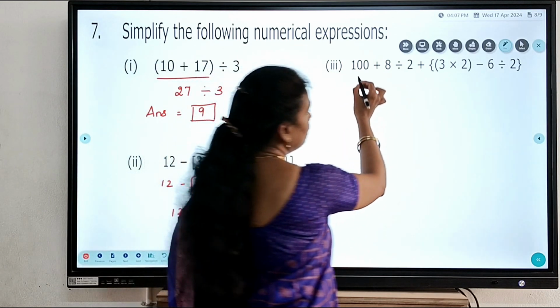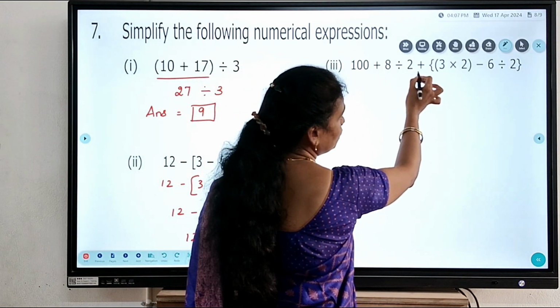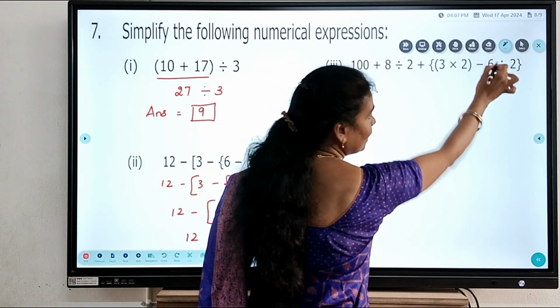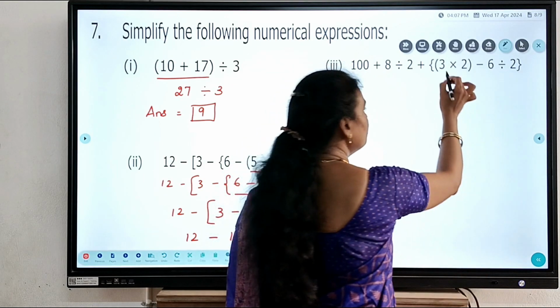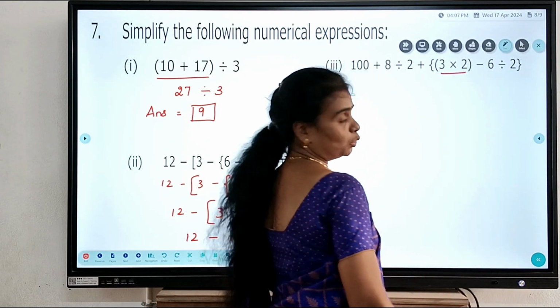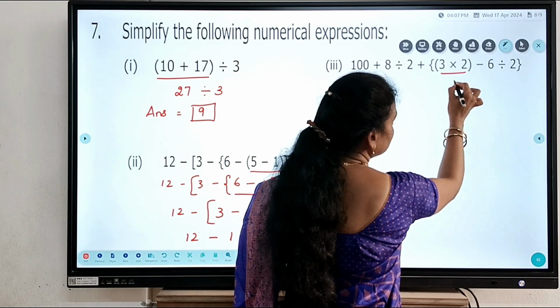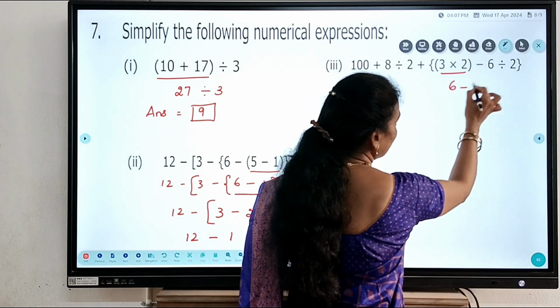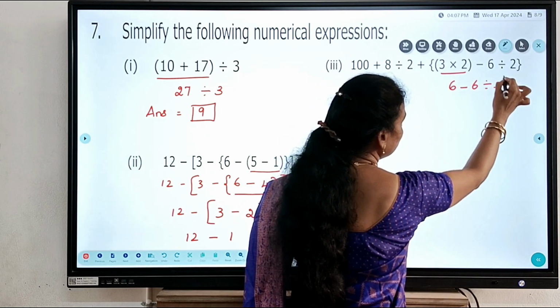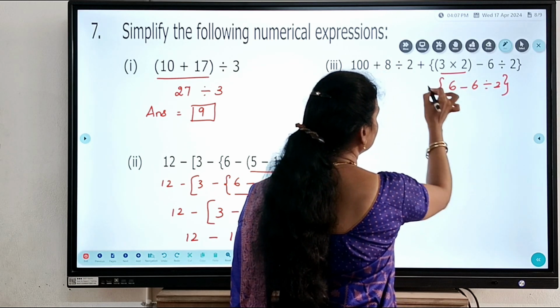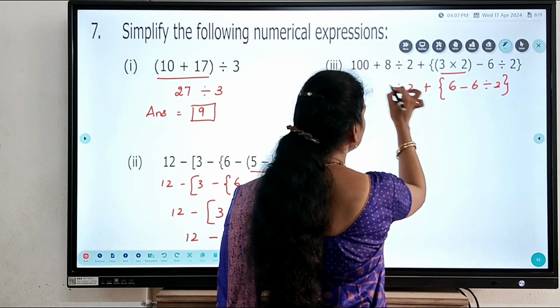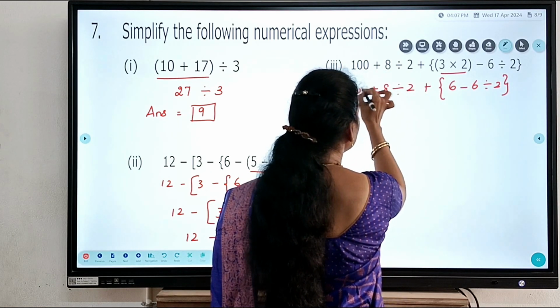The next one: 100 plus 8 divided by 2 plus, again a bracket is starting here. The innermost bracket is 3 into 2. This will be solved first. 3 twos are 6. Then 6 minus 6 divided by 2, and one curly bracket here, plus 8 divided by 2 plus 100.